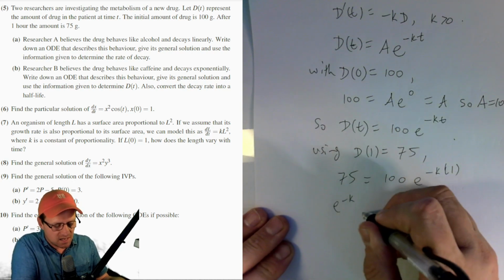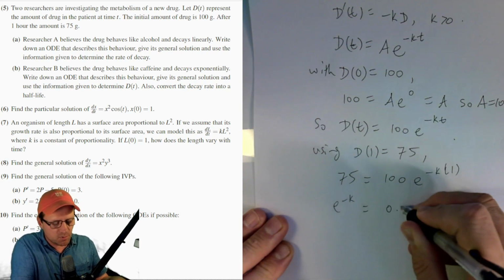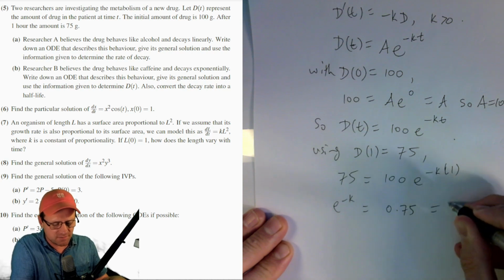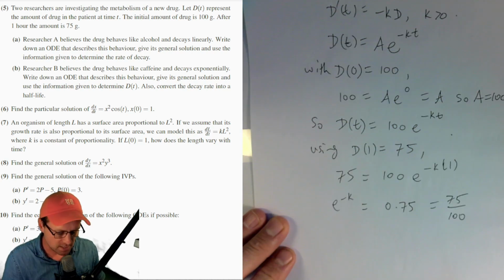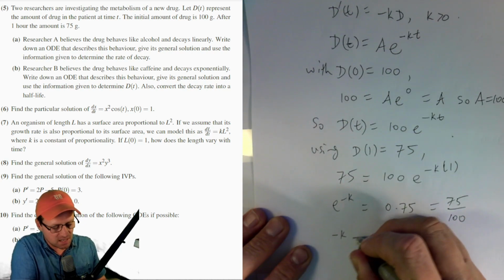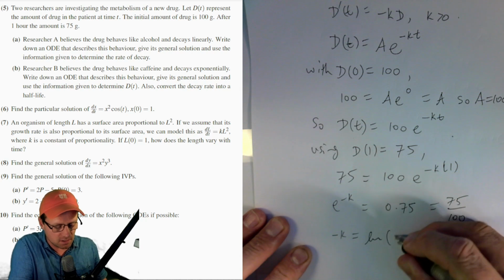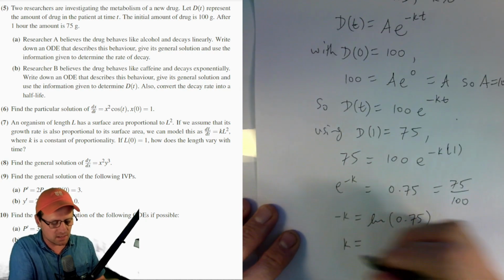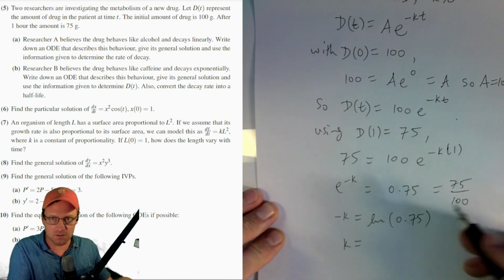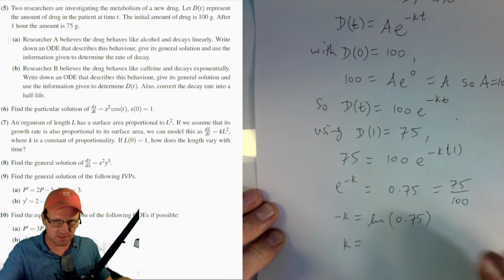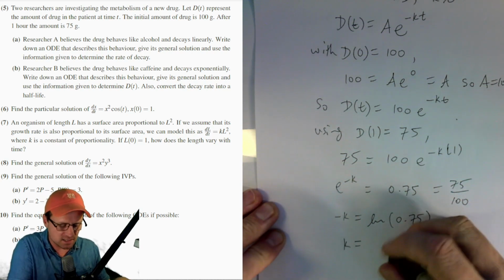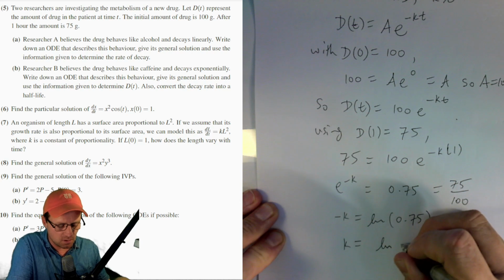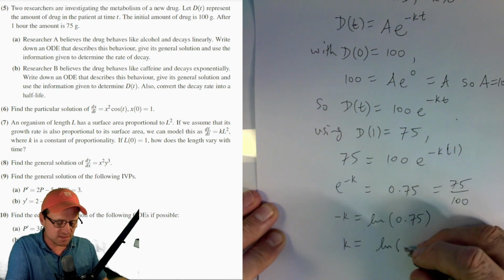So this gives us e to the minus k is equal to 0.75, which is 75 over 100. And so then minus k is the natural log of 0.75. And so k is equal to minus natural log of 0.75. But there's a log rule that says we can take that minus 1 into the exponent and call this the natural log of 1 over 0.75.